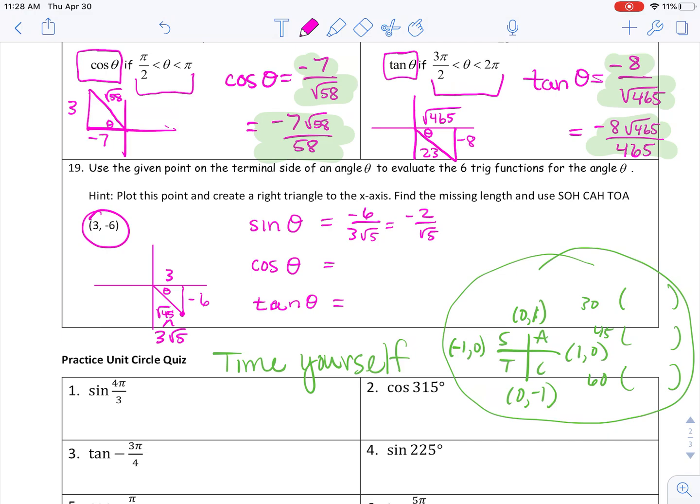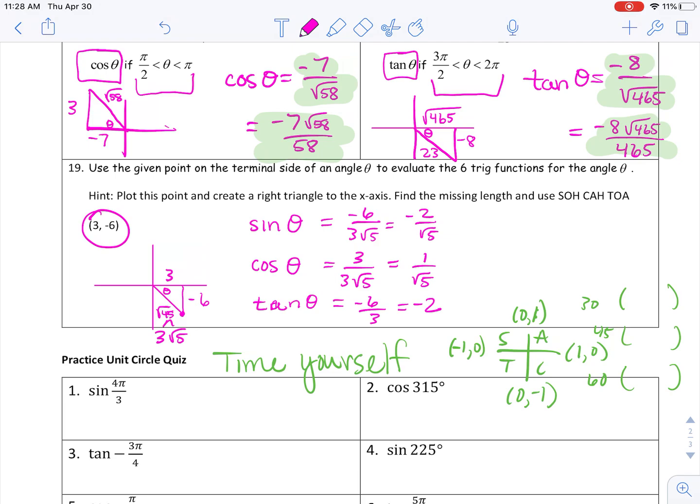All right, cosine of theta is adjacent over hypotenuse. And again, I'm just going to simplify the 3's here and get 1 over radical 5. Tangent is opposite over adjacent, and that will simplify to -2. So notice sine and tangent were negative, cosine was positive here.